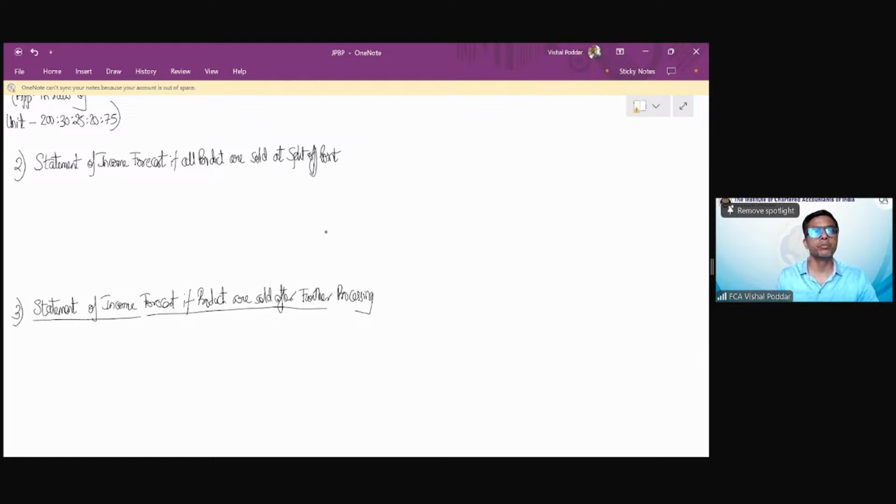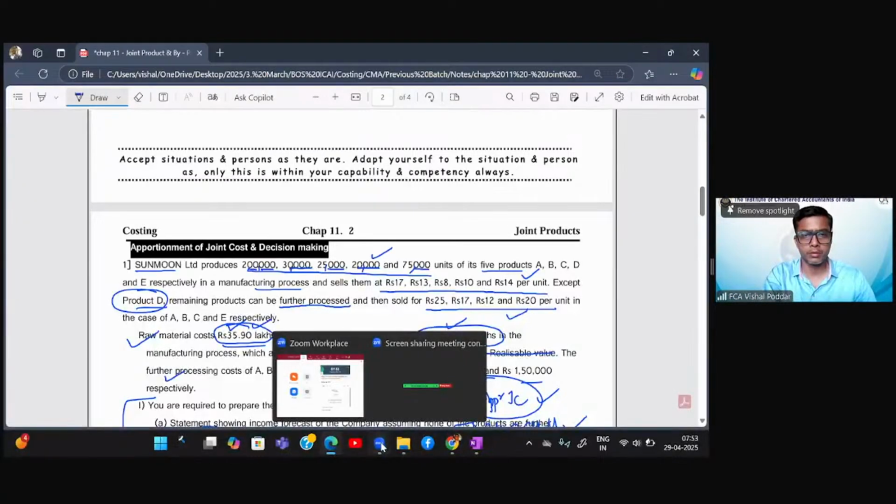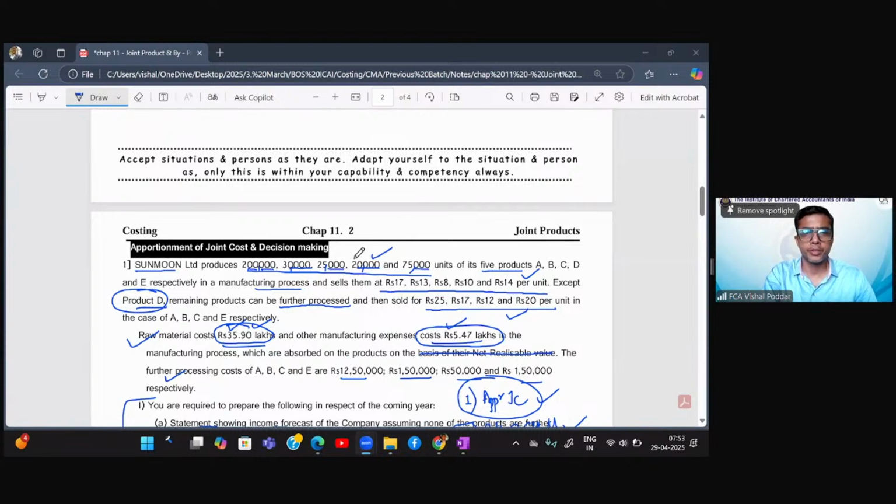So, simple names: statement of income forecast if all products are sold at split off, statement of income forecast if products are sold after further processing, right? Students, give me your answers. Okay, I have got one answer.